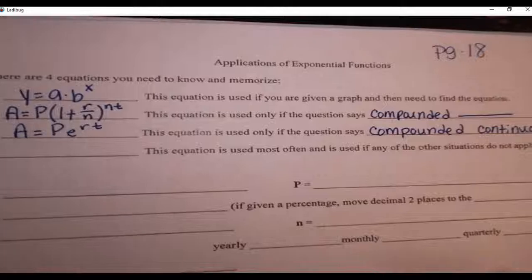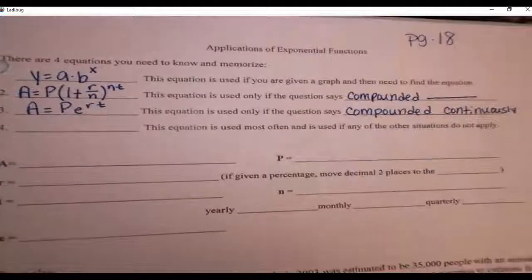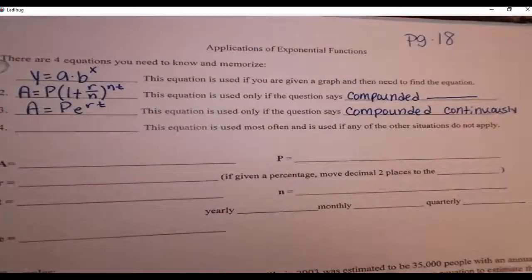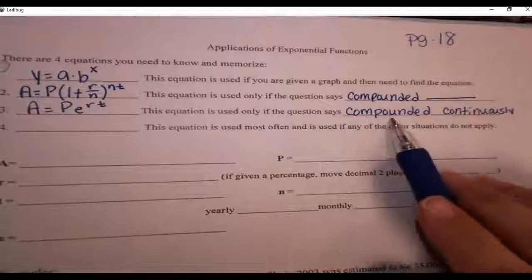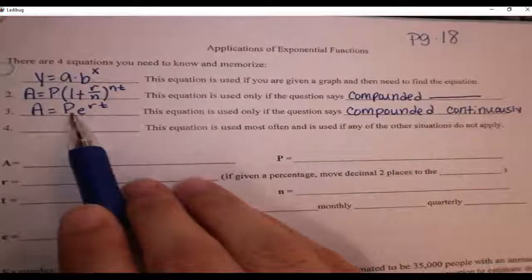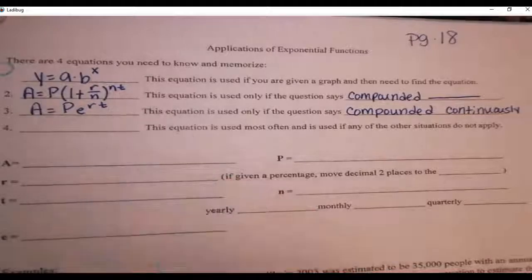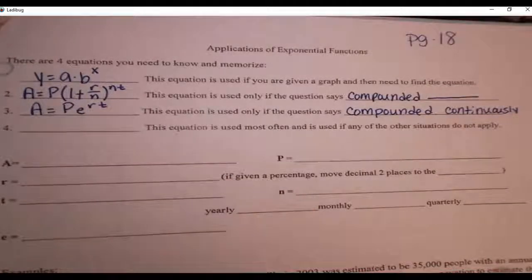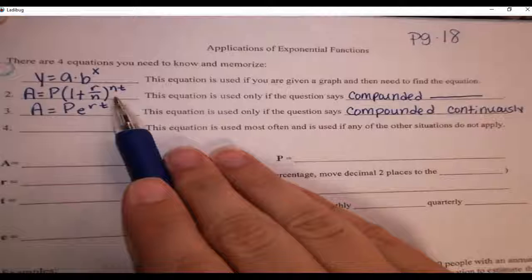Okay. So if it says compounding continuously, you use PERT, so A equals P e to the rt. If it says it's compounded anything else, you're using the first big one right there.